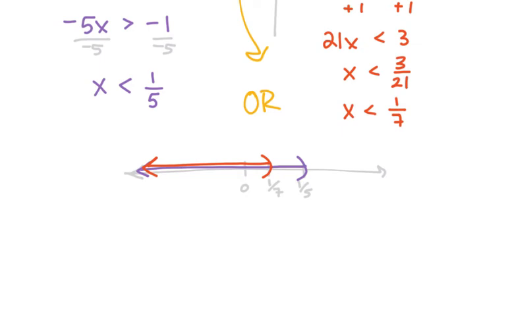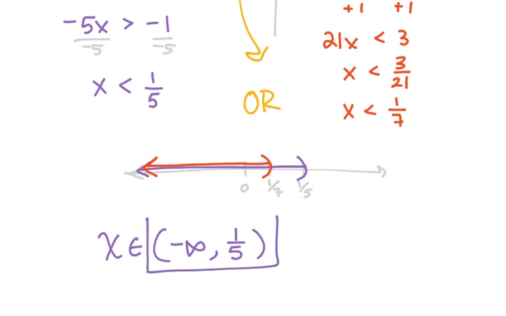And because it is or, it can be in the purple region or the red region. My solution set is that x is in the set from negative infinity all the way up to 1/5, and that's an open interval. We do not include 1/5. Open means that's a parenthesis. And so there's my solution set.